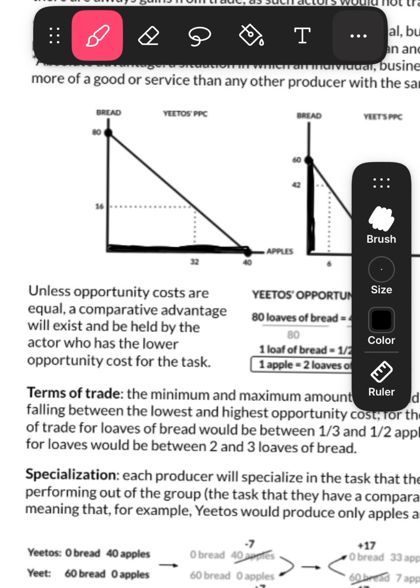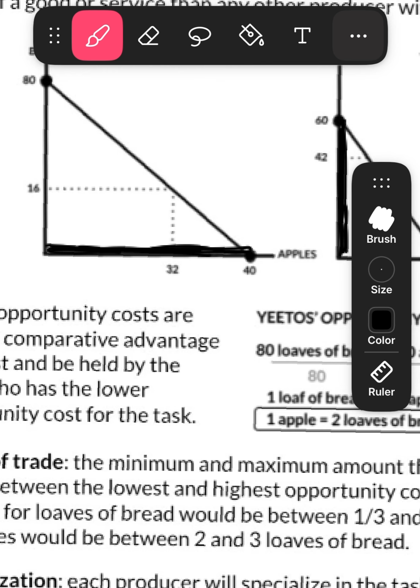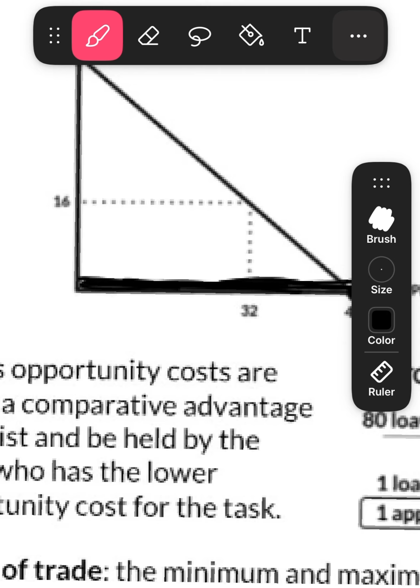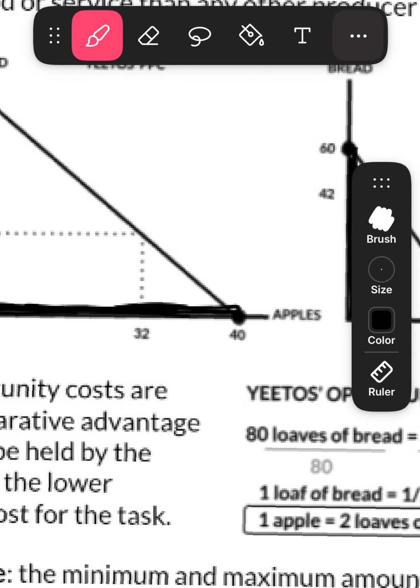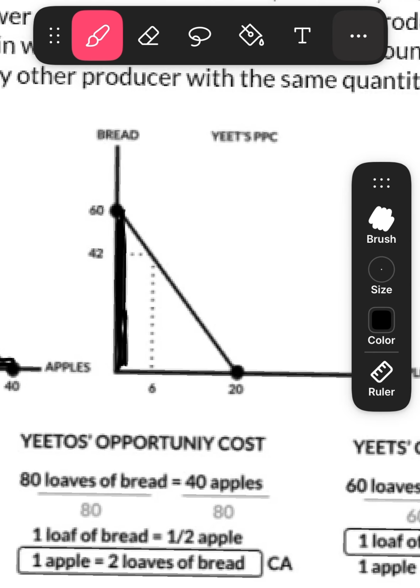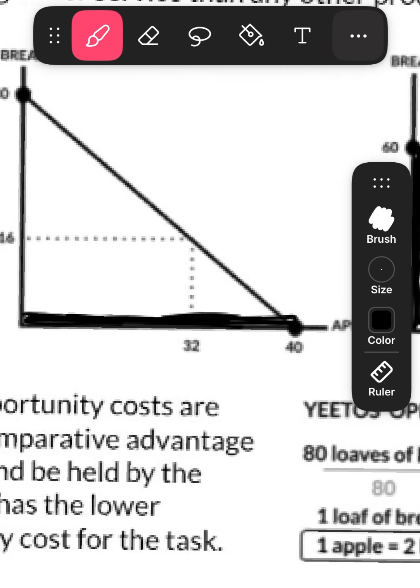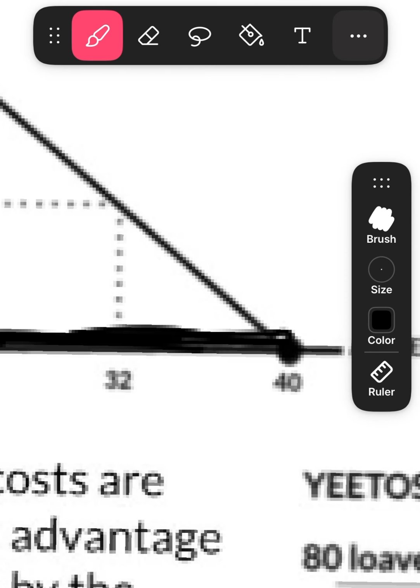So Yitos, with his 40 apples, is willing to trade some of those apples away because he's producing more than he would have produced beforehand, when he was doing 16 pieces of bread and 32 apples, and Yeet was doing 42 pieces of bread and 6 apples. He's willing to trade because he wants to still benefit from trade.